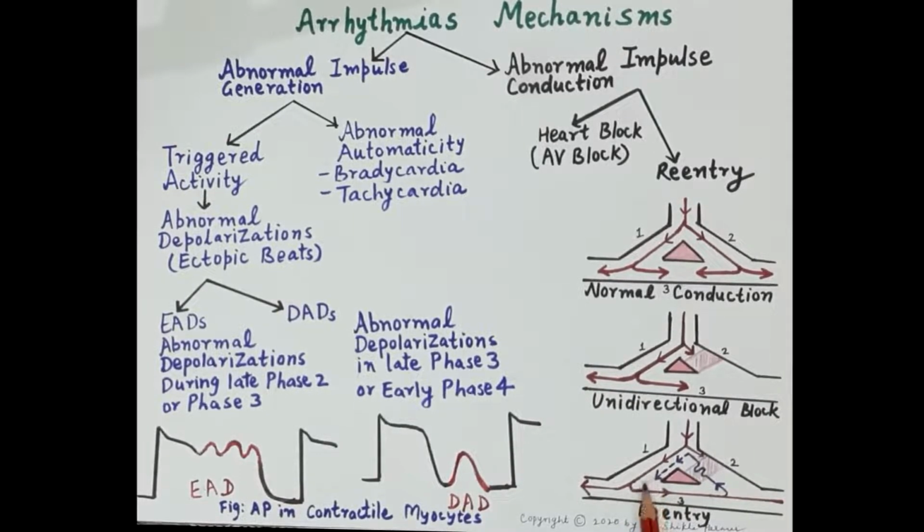Another important way by which this re-entry can be prevented is by reducing the conduction velocity of this wave. If we reduce the conduction velocity of this wave, then also we can prevent the re-entry.